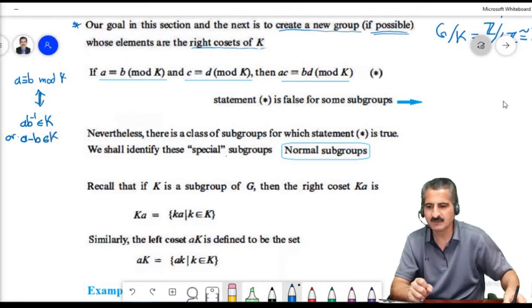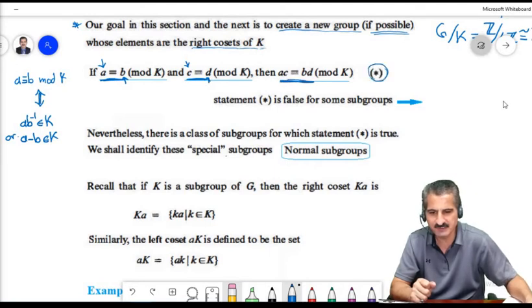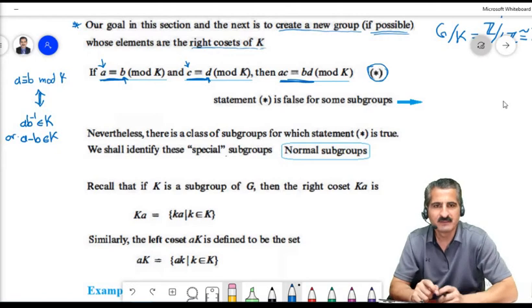Okay, now the question here: if a and b are equal, let me say modulo K, and also c and d are equal modulo K, what happens if I add or multiply a times c? Would that equal multiplying b times d, as we have here? And we will call this property star. Okay, this is not always true.